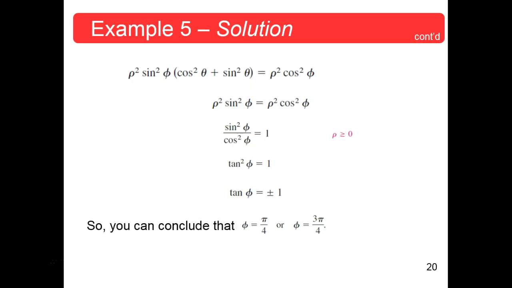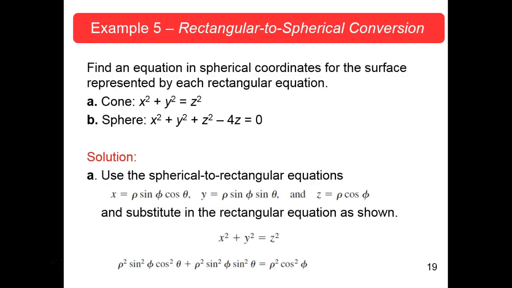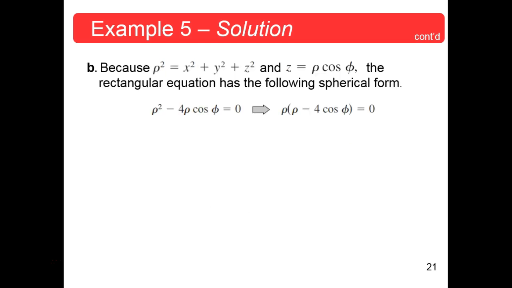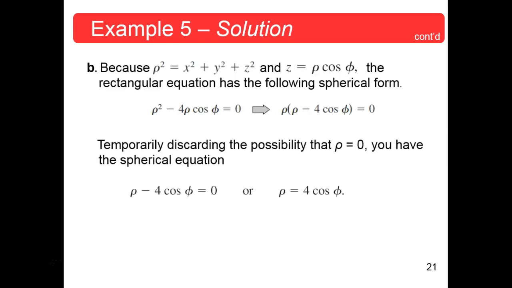Which one was that again? That's the sphere. This one's not centered at the origin, which is why you have rho equal to 4 times the cosine of phi.